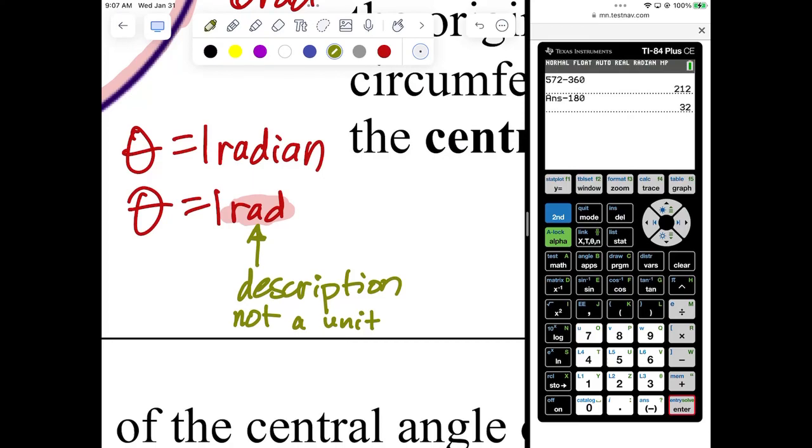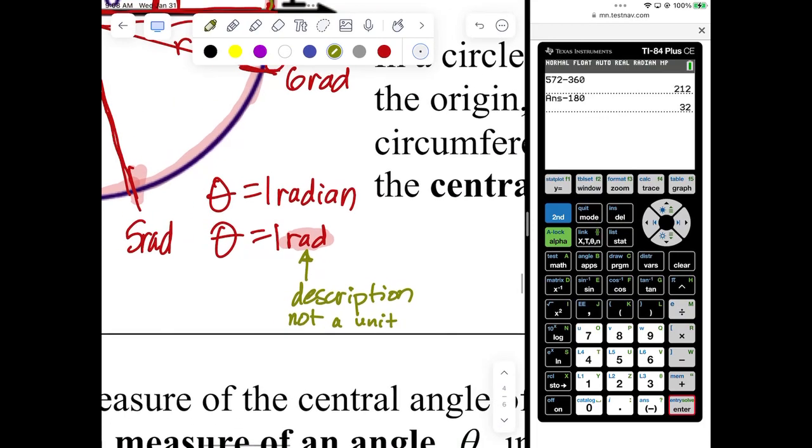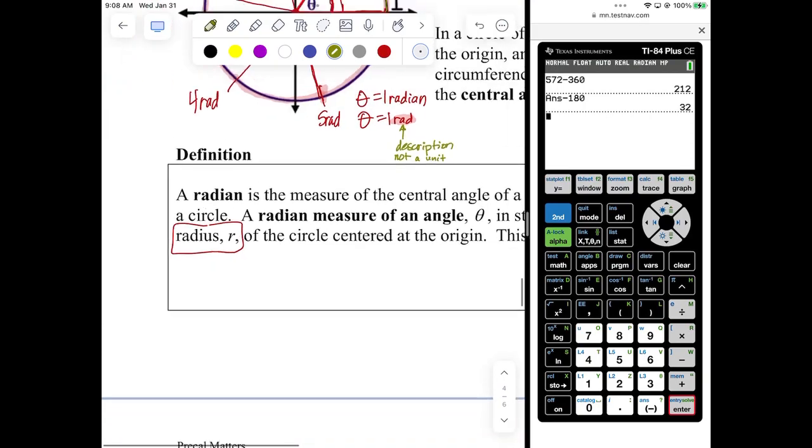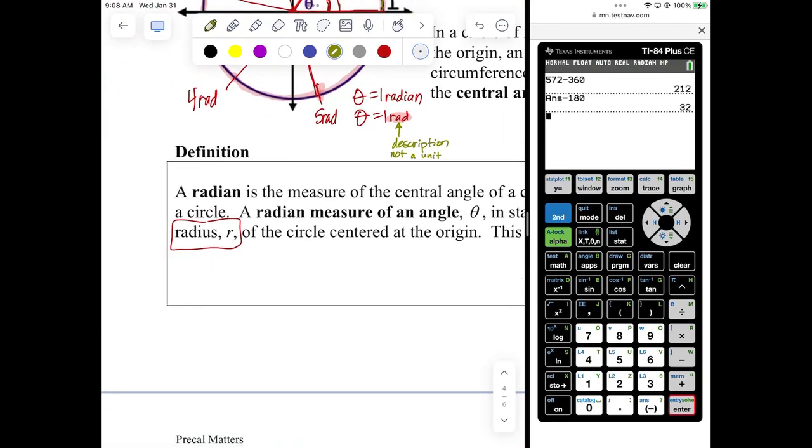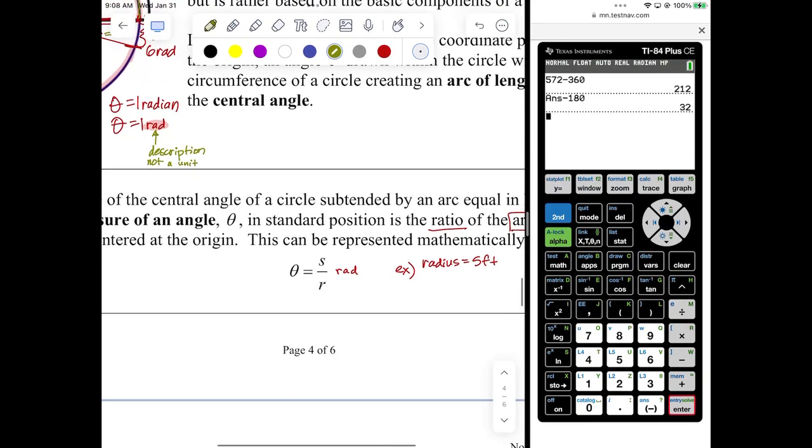But if I can choose a unitless measure of rotation on the x-axis, now I can assign any units I want to the x-axis, like time in hours or distance in feet or whatever. I can assign units to the x-axis. That's very, very important. So what are the units of a radian? Nothing. They are nothing. We write rad as a description so people know we're talking about an angle measure.